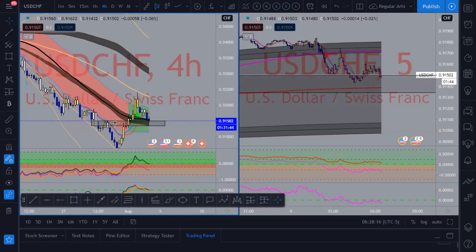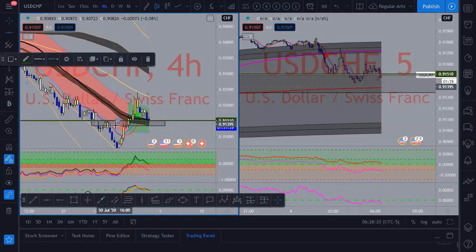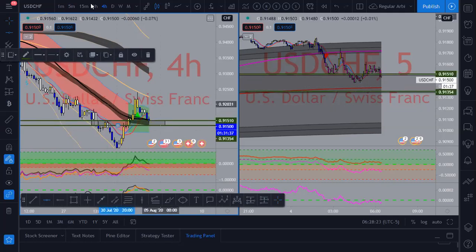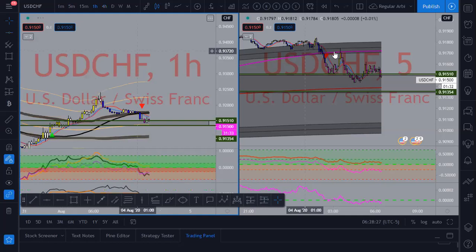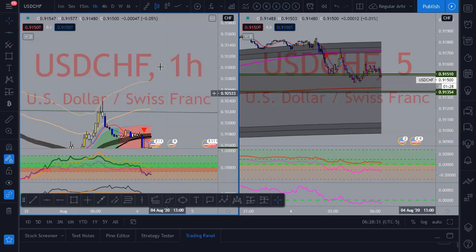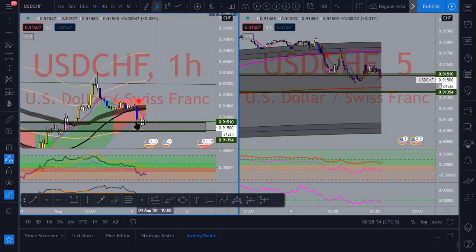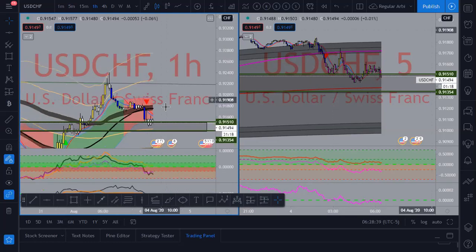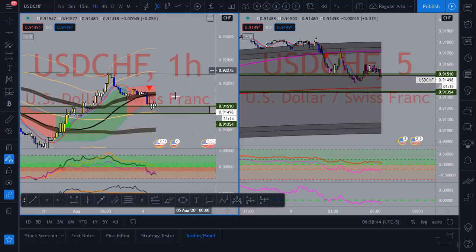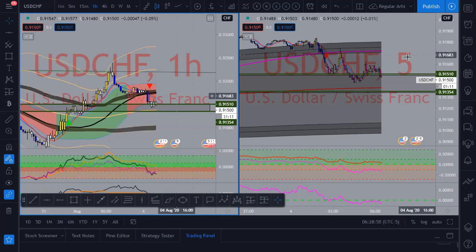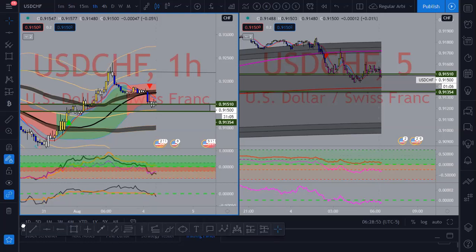Let me point that out right here. All right, cool. Because again, on the 1 hour time frame, it's called for the sell, I'm pretty sure. It broke, retested, dropped on the 5-minute. But if it holds at this level right here, then there's no point in trying to sell it. I hate it when multiple time frames aren't showing the same thing, because then it's like, okay, what's the trade you're going to take?